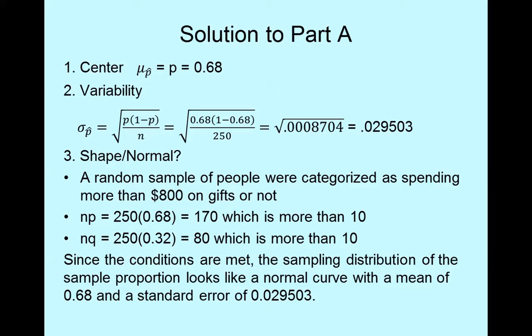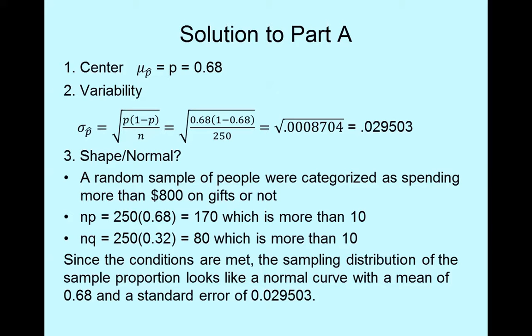Variability, sigma sub p hat, is that square root formula, so we plug in our values: the square root of 0.68 times 1 minus 0.68 over 250. If we multiply everything underneath the square root out, we get 0.0008704, and then we take the square root of that, and we get about 0.029503.